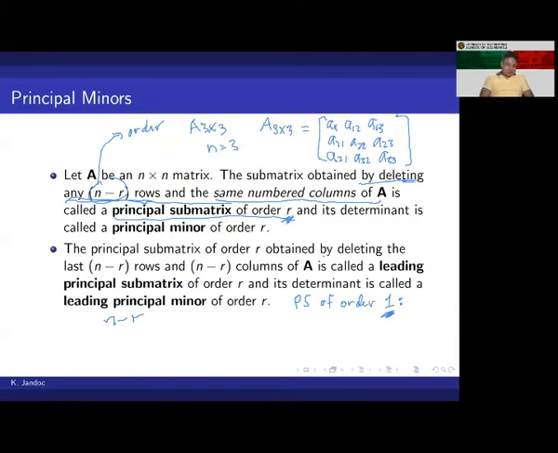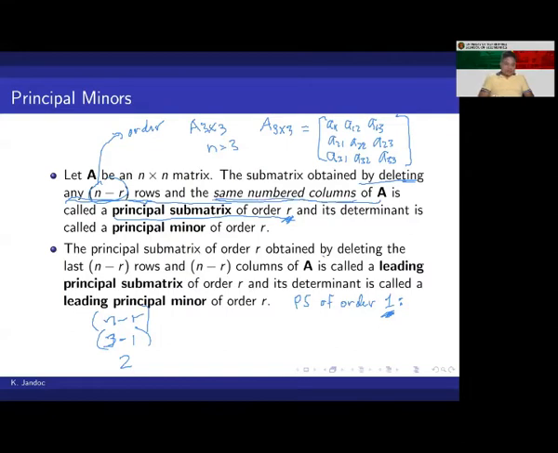So what we'll do is delete n minus r rows and columns. n is the dimension of the matrix, so it's 3 minus 1, which is r. So we'll delete 2 rows and columns. But not just any particular row and column. It must be of the same number.